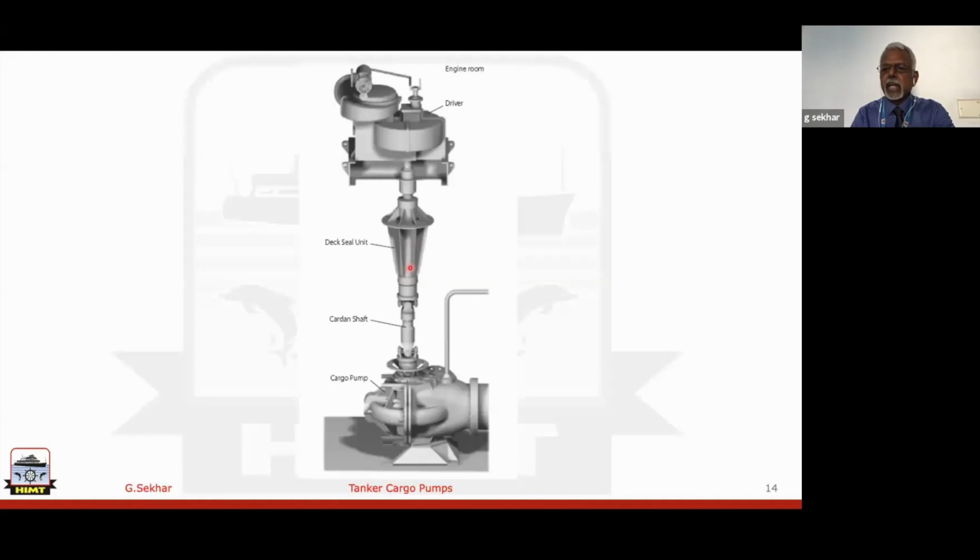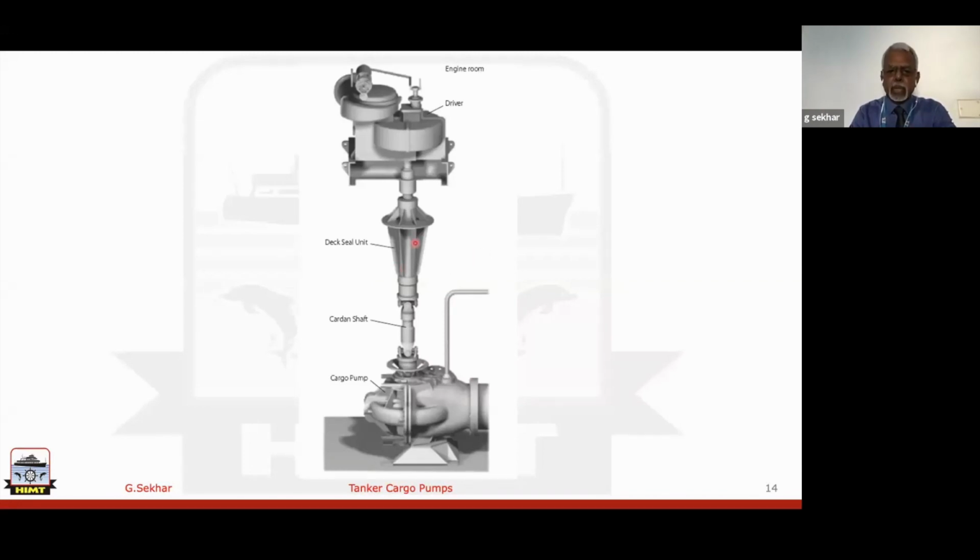Suppose there is any leakage, since the engine room is supposed to be at a higher pressure than the pump room, what should happen? The engine room air may leak into the pump room, but it shouldn't be the other way around. That's the reason that in the pump room you will find we have an exhaust blower, and the pump room's atmosphere is always slightly less than atmospheric pressure.